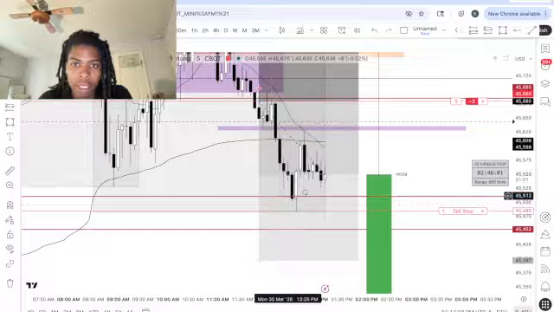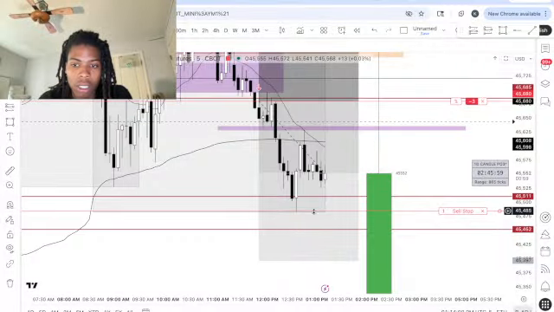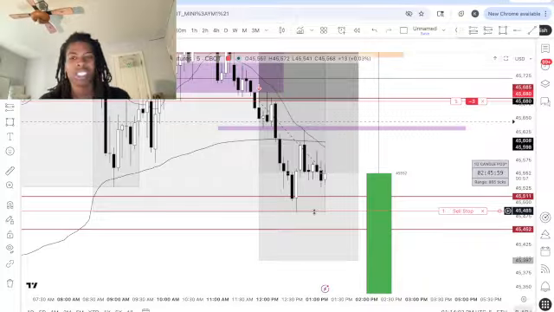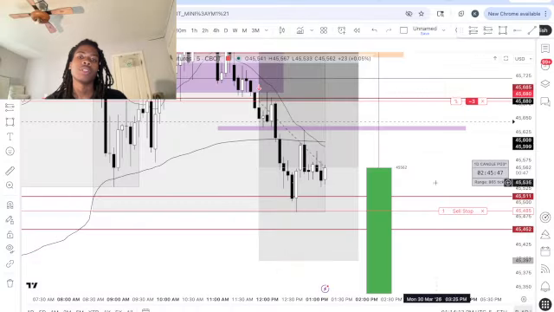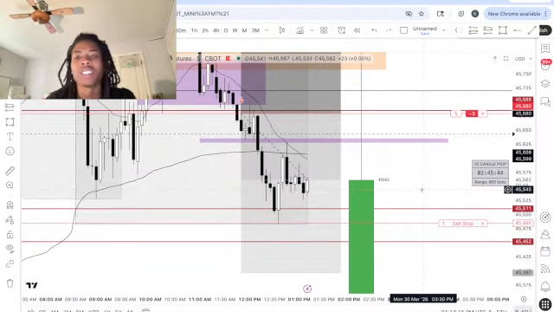But yeah, we're still expecting to scale in at these lows. As long as it doesn't get too late, we definitely have to just watch this and see exactly what the market's going to be able to give us today.